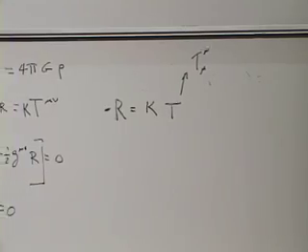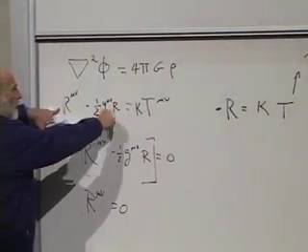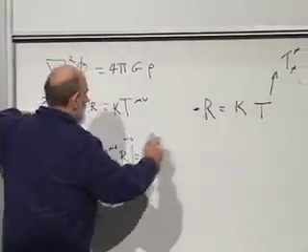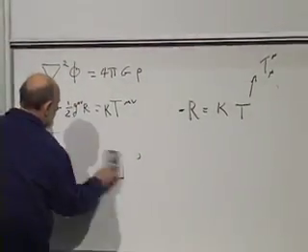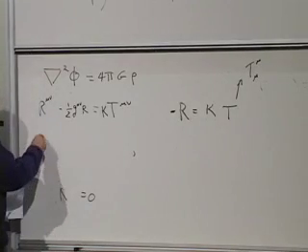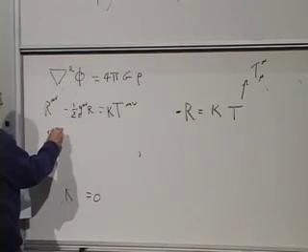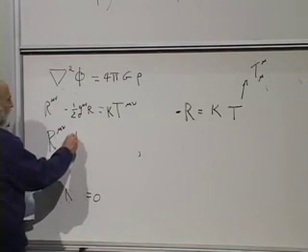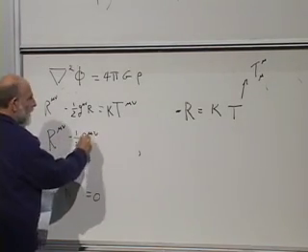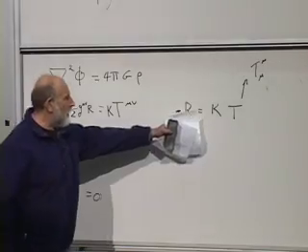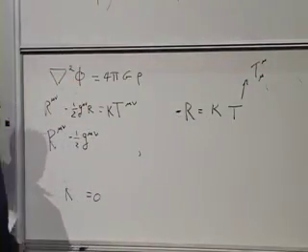Now we can rewrite this. Plug in for R over here its expression over here. Now let's see what we get. We get R mu nu minus 1/2 g mu nu times R, but R is equal to minus kappa T.